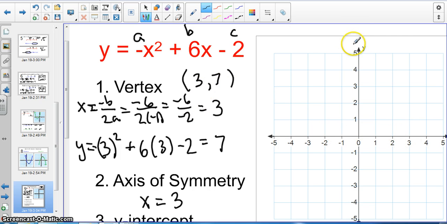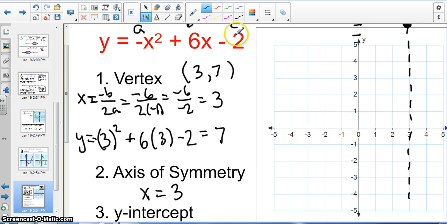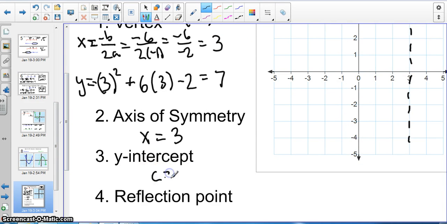So 3, well, there's not enough room, so 6, 7. 3, 7 is up here. I'm going to draw a dashed line for my axis of symmetry going directly up and down. Okay? So here's my vertex. Now, C, remember C is our y-intercept. So I go to my y-axis at negative 2 and plot a point.